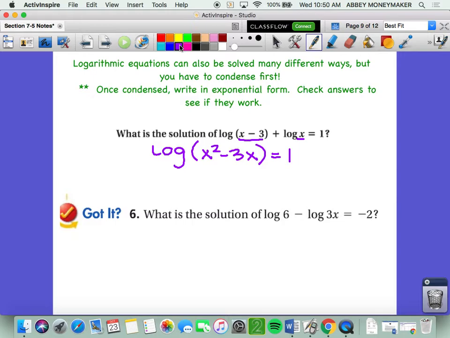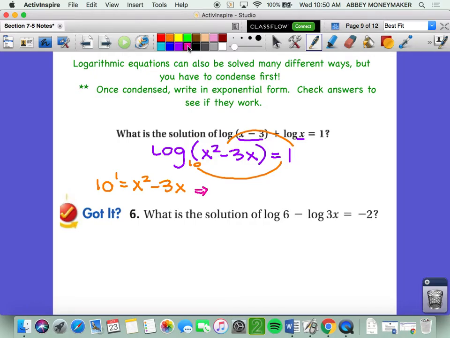Yep, base 10. Now here we go. 10 to the first power equals x squared minus 3x. By condensing, what did I just introduce? A quadratic. So, how do we solve a quadratic? Set it equal to 0, and we're going to factor.